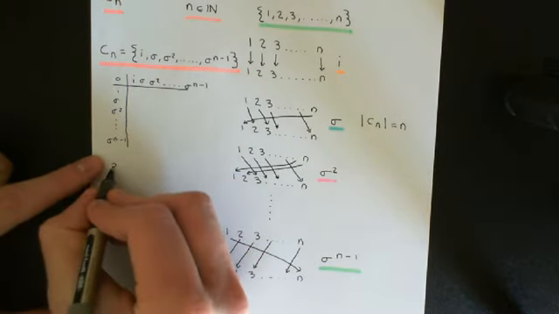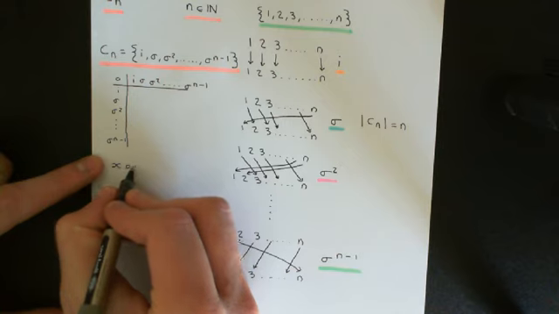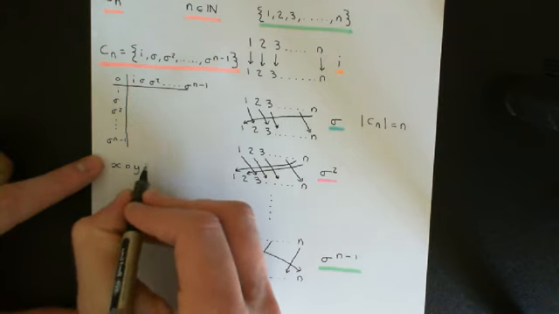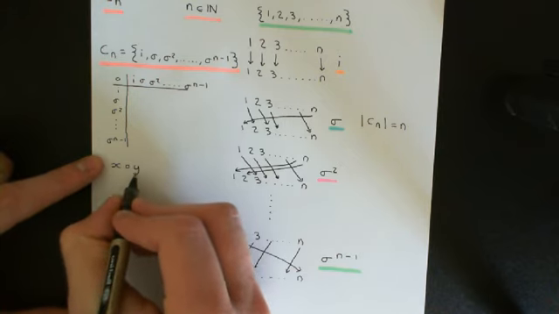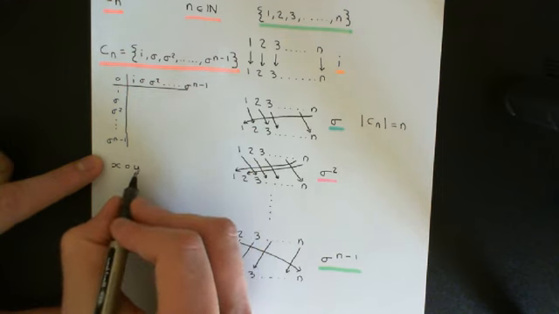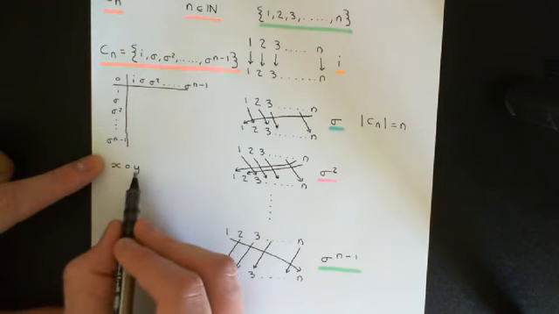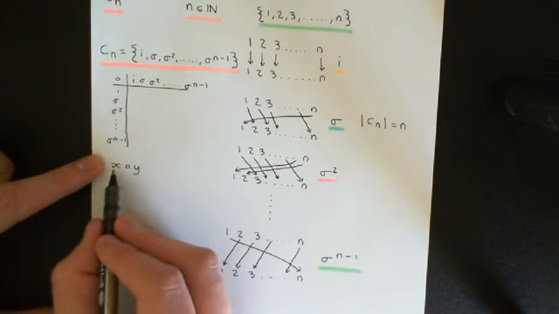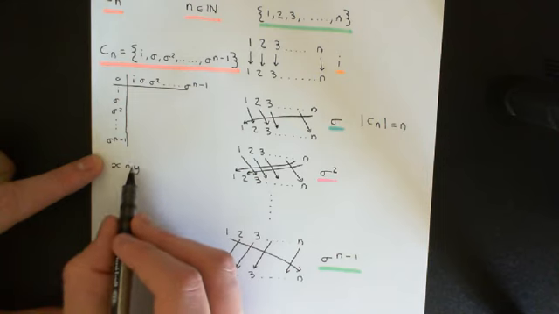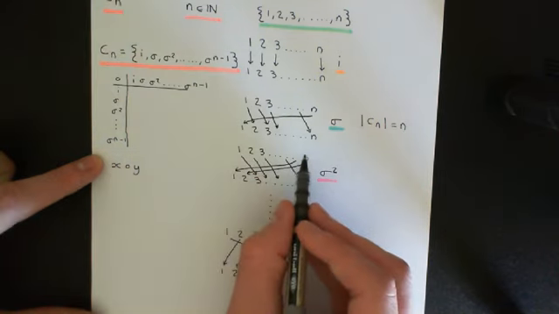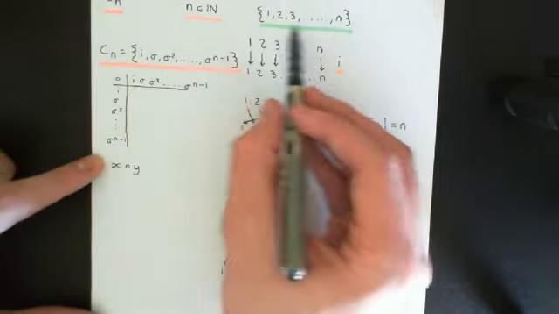And the way you'll do this is for an arbitrary element little x and an arbitrary element little y, x composed with y will be the symbol that represents the cyclic set permutation that you get when you first do y and then do x. So you'll think, okay, y represents some cyclic set permutation on this set here.